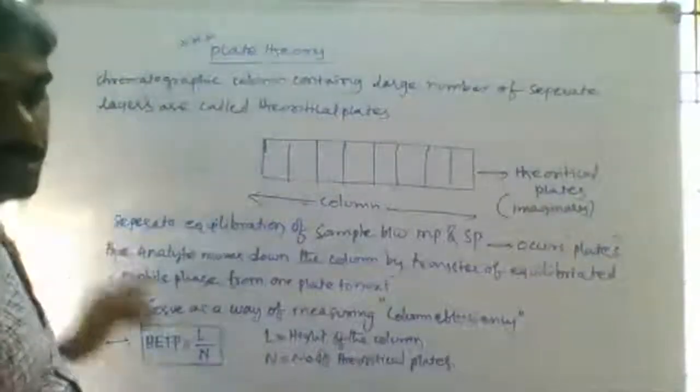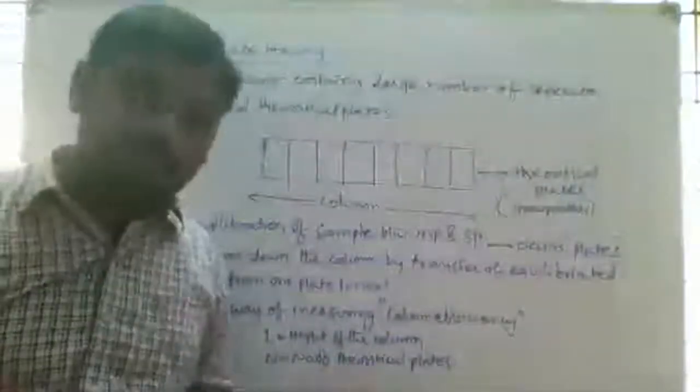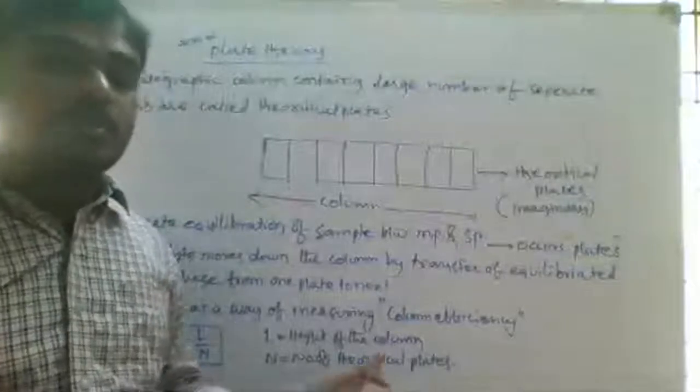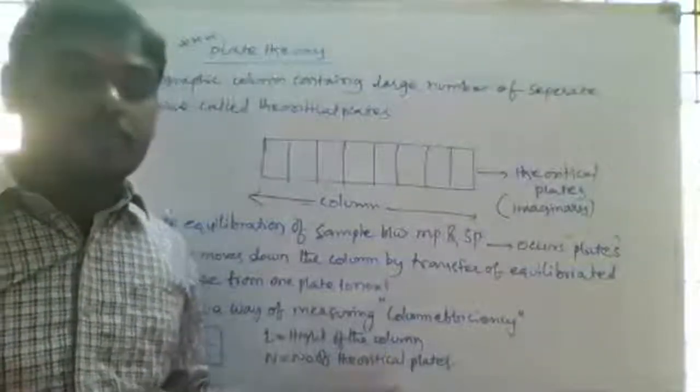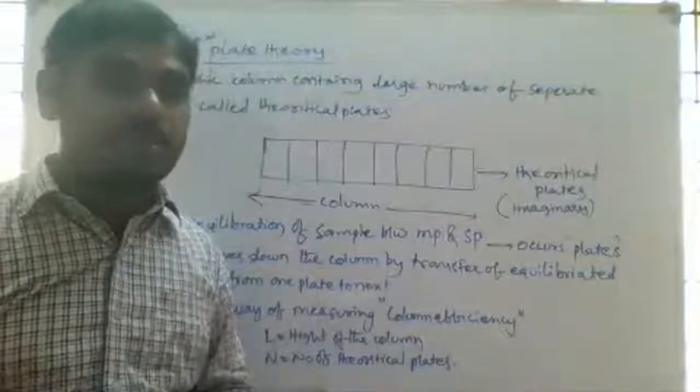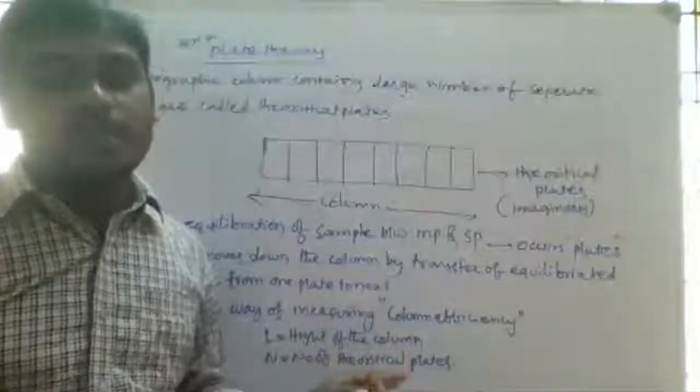The number of theoretical plates that a real column possesses can be found by examining the chromatographic peak after elution.